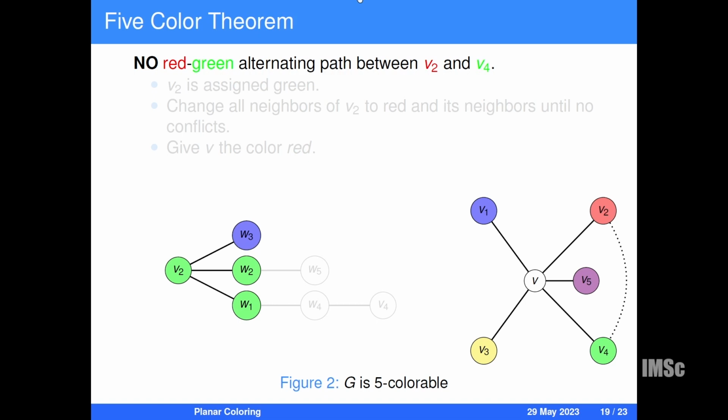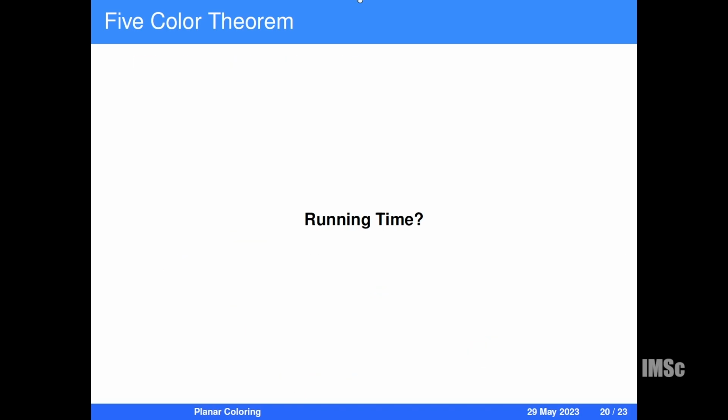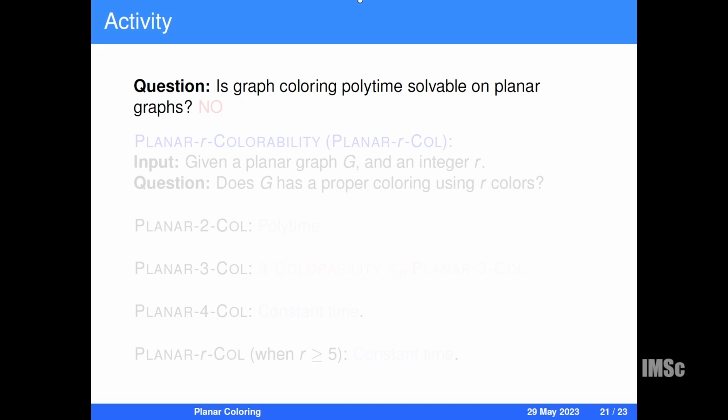We can only go n steps, because there are only n vertices. We will definitely stop. So this is also a polynomial time step. Overall, all the steps are running in polynomial time, and hence this is a polynomial time algorithm. Okay, now let's come to the last slide.